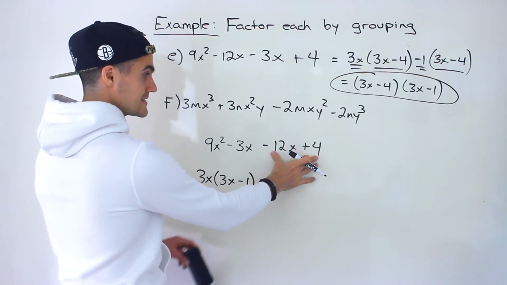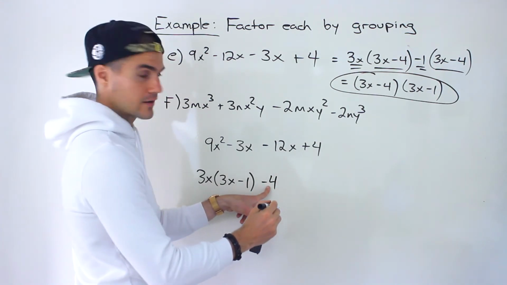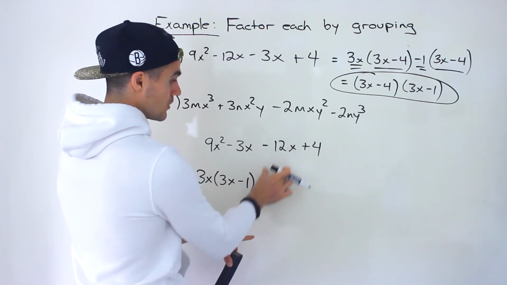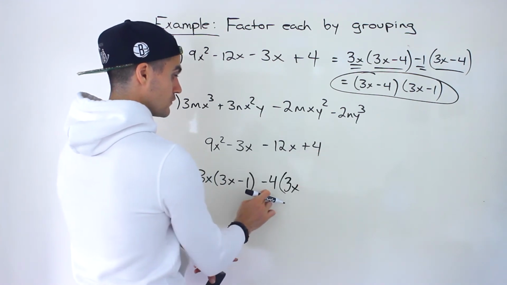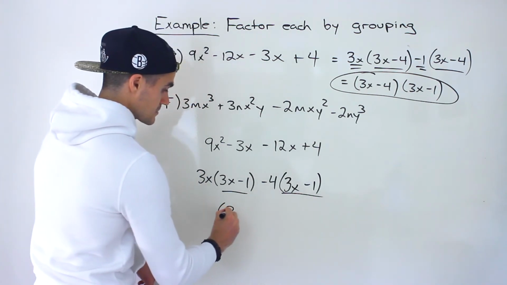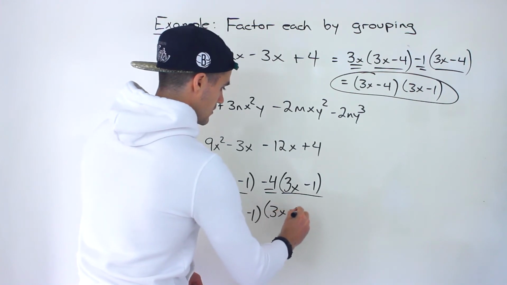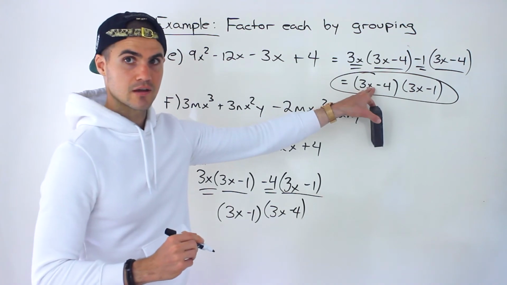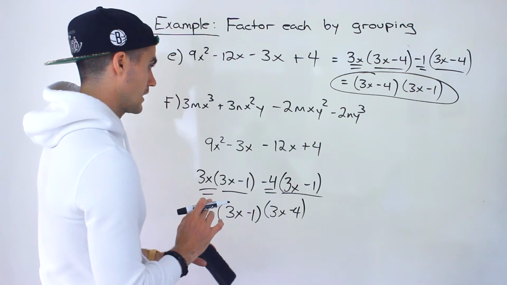And then from these two, we could take out a negative 4, because there's a negative here, so that's what we've got to factor out, a negative 4. What would we be left with? Negative 12x divided by negative 4 would give us positive 3x. Positive 4 divided by negative 4 would give us negative 1. And then we could take out a 3x minus 1, and we're left with a 3x minus 4, like that. And notice that's the exact same thing that we got over here. So sometimes it could be in different orders.